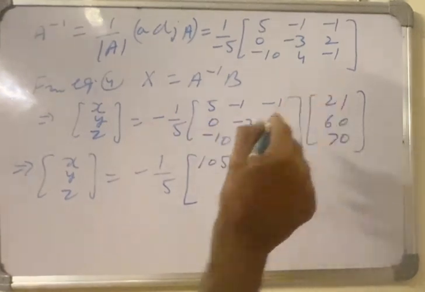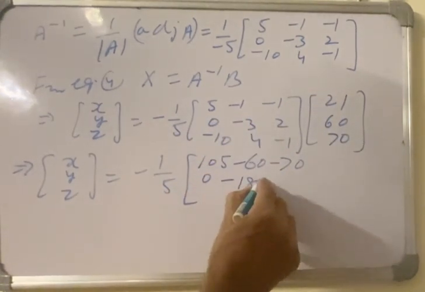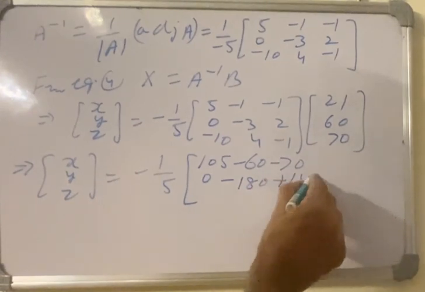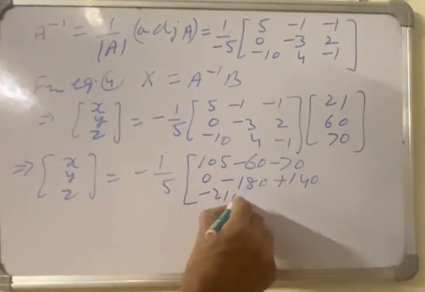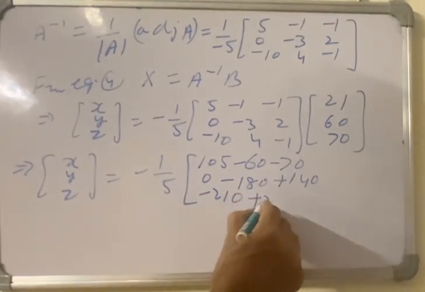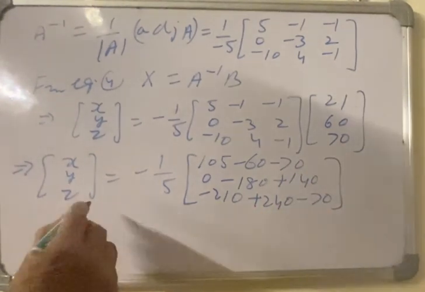Then second row with this column: 0 minus 180 plus 140. Then third row with this column: minus 210 plus 240 minus 70.